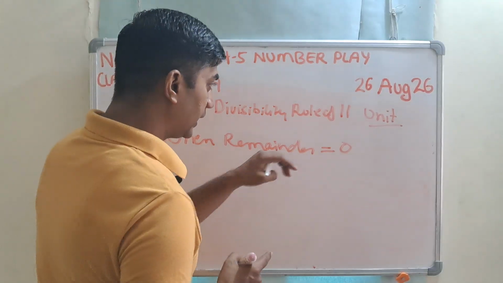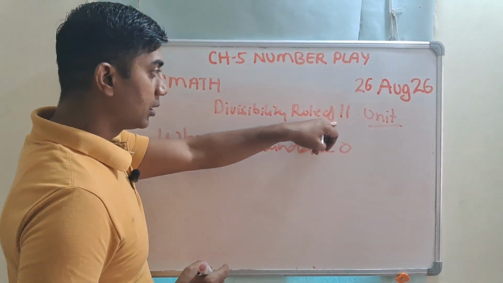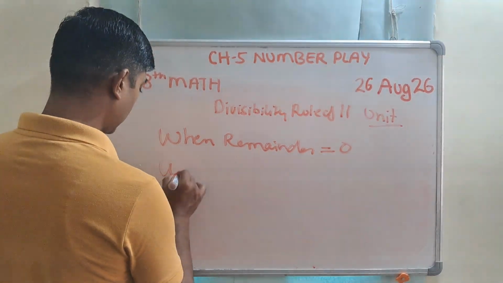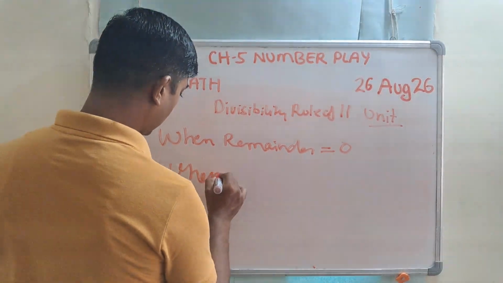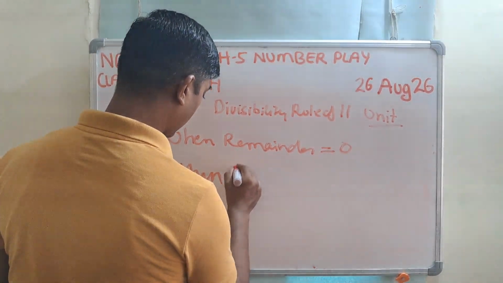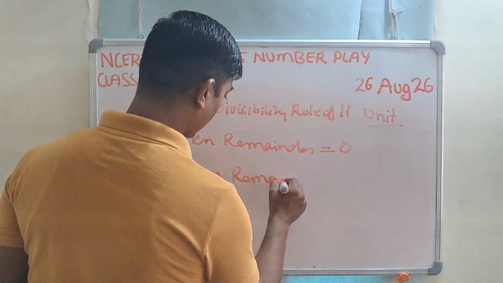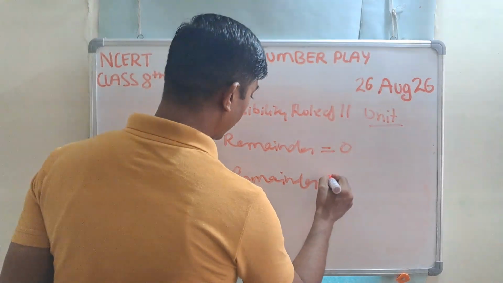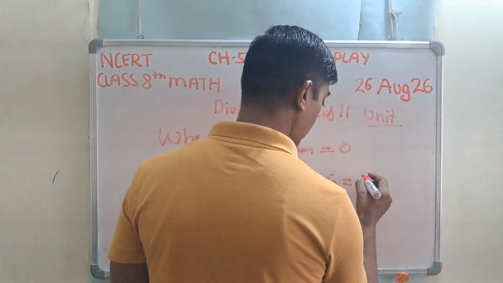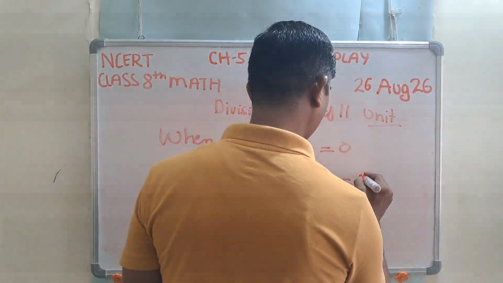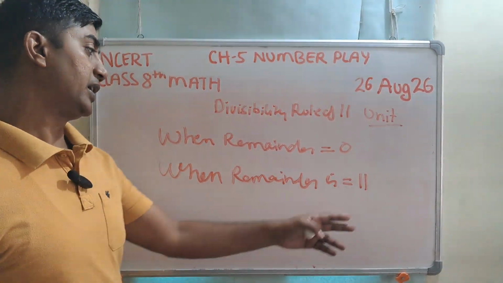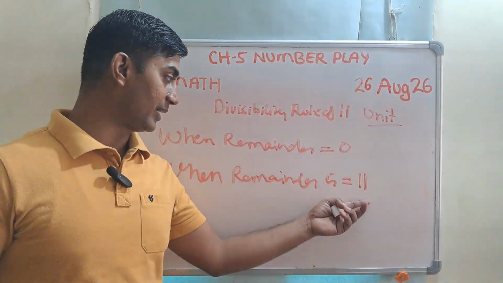Now when your remainder is 11, what will be in that case?